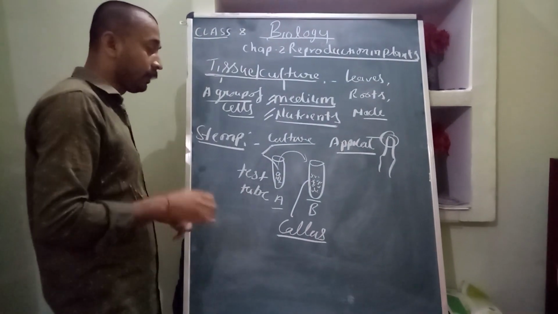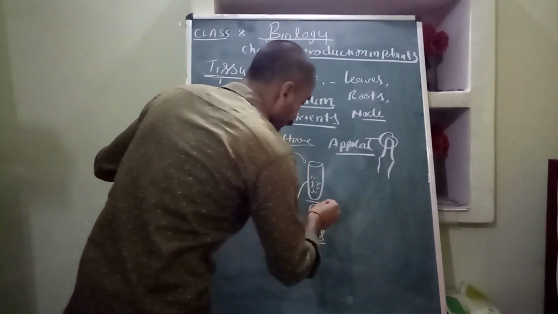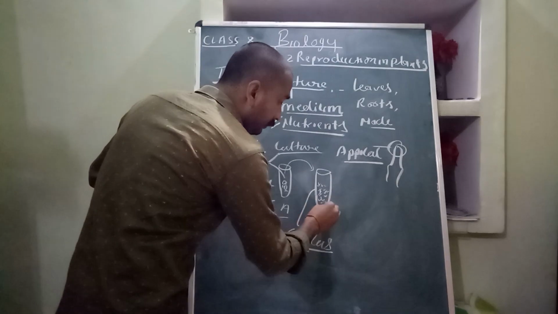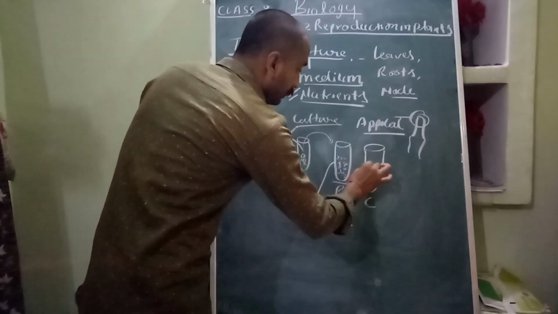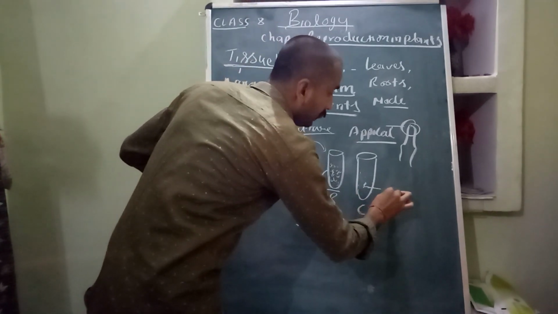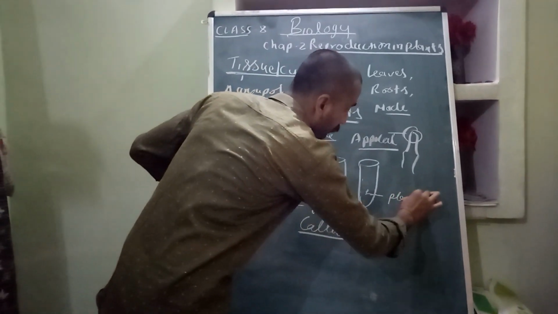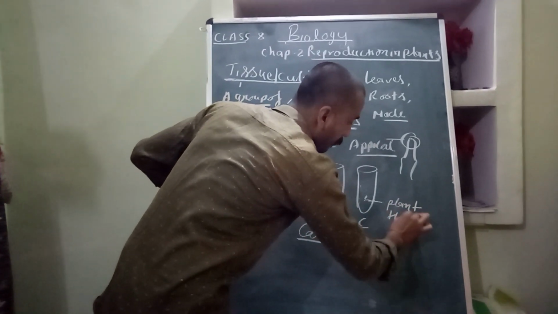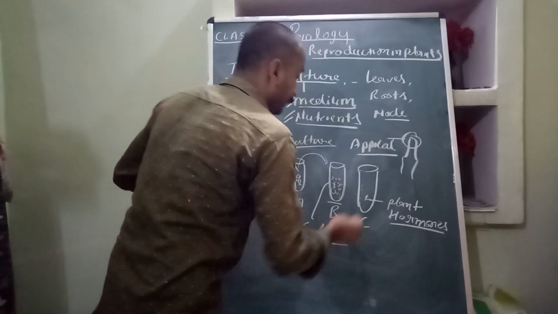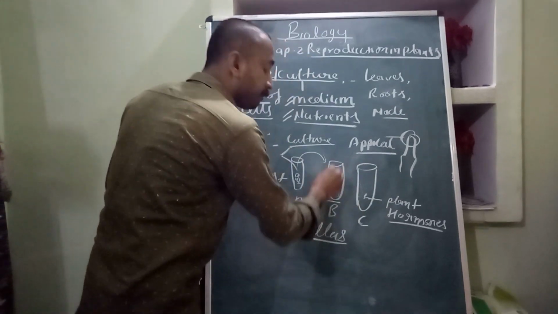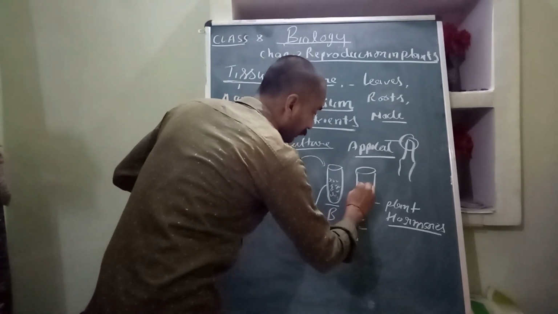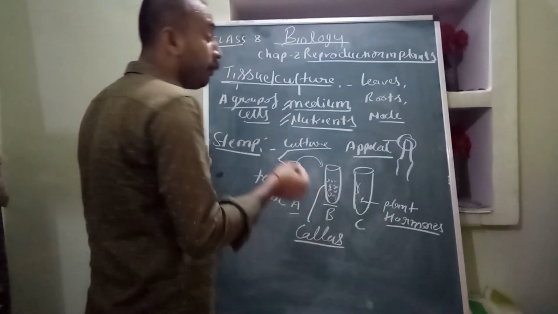Callus means no differentiation. Then in this process, this beaker contains a medium in which plant hormones are present. So now when we put this callus in this beaker, it develops into new baby plants.